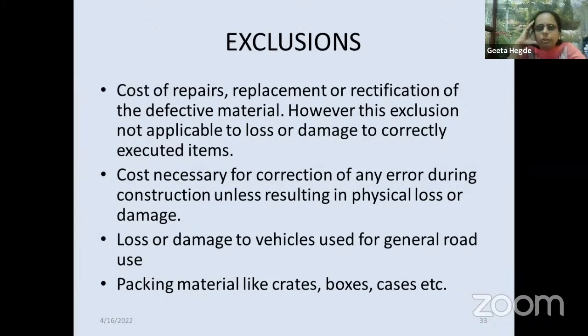If there is some defective material because of which there is a loss, that loss becomes payable, but the cost of correcting the defect is not payable. Cost necessary for correcting any error during the construction is not payable, unless resulting into physical loss or damage. The resultant is always paid, the cause is not paid.